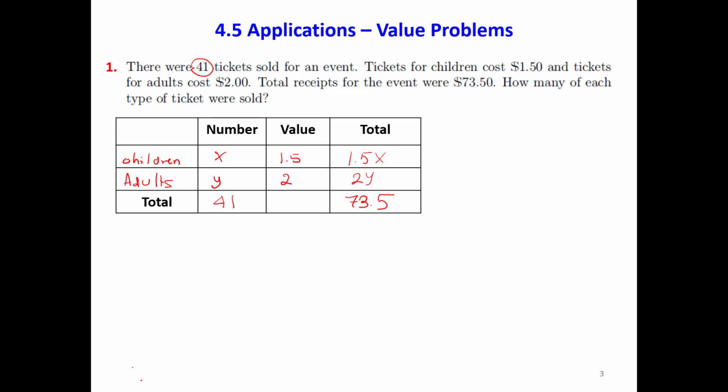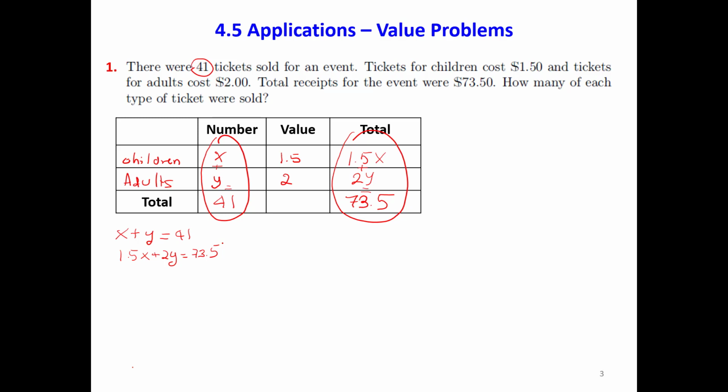Then now we have the first equation and the second equation. x plus y equals 41, and 1.5x plus 2y equals 73.5. Now we have the equations we need. Let's write the equations here: x plus y equals 41 and 1.5x plus 2y equals 73.5.